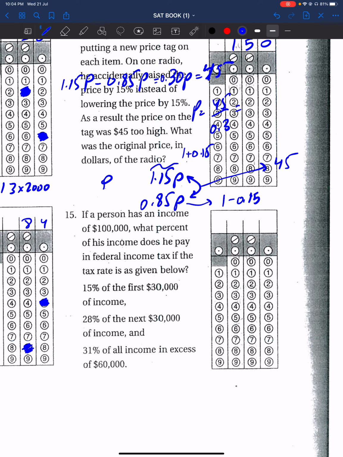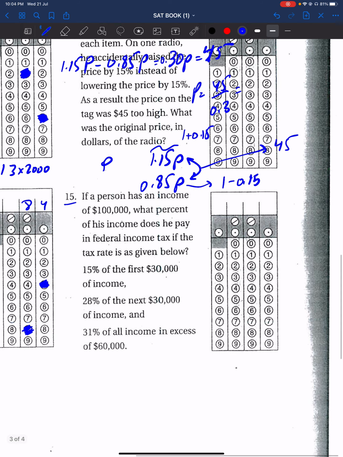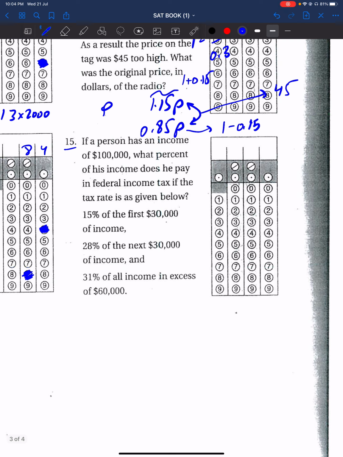Number 15 now. If a person has an income of $100,000, what percent of his income does he pay in federal tax if the tax rate is given as below? For the first 30,000 of his income, he pays 15%. The next 30,000 he pays 28%, and everything above 60,000 he'll pay 31%.